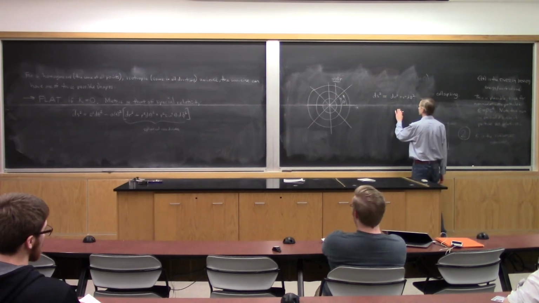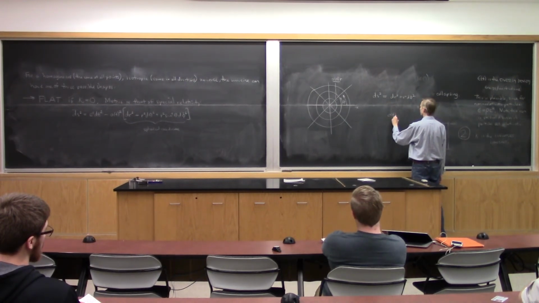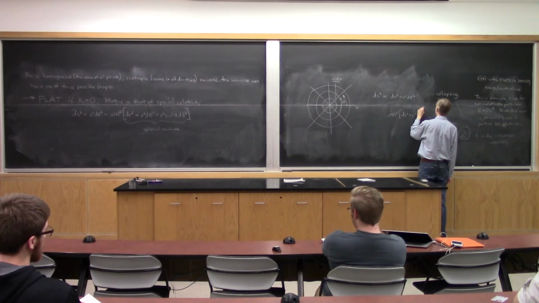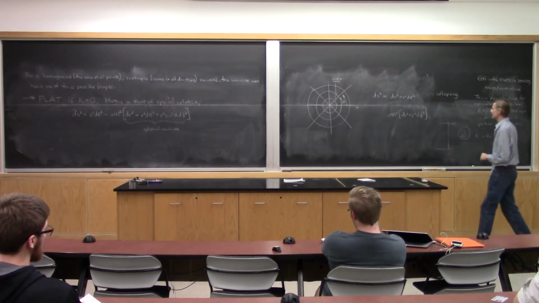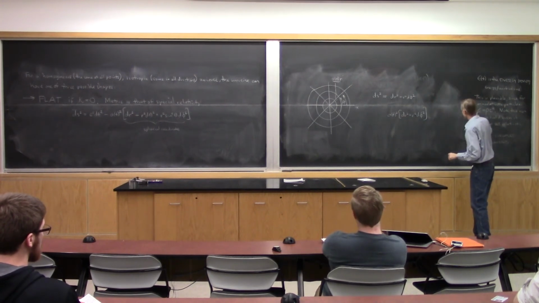How do we account for the sheet expanding? Well, you just have to multiply by A of t squared: A of t squared times dr squared plus r squared dphi squared.